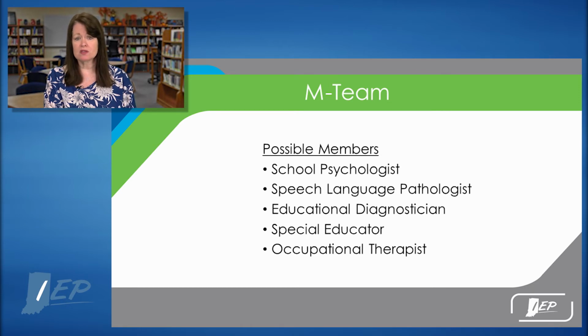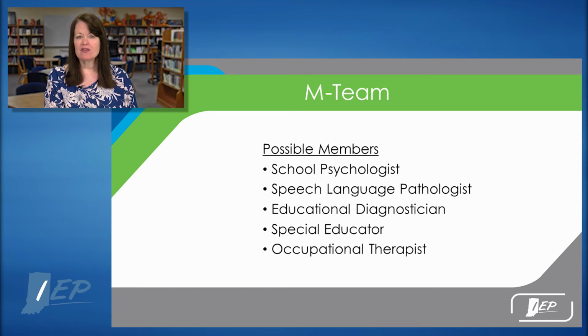So it could be the school psychologist, it could be the SLP, it could be the diagnostician. Sometimes, since a special educator is always part of the multidisciplinary team, it could be that person, occupational therapist, physical therapist, social worker. Any of those people could represent the MTeam. Not all of these people may be comfortable representing the MTeam in total to describe what was in the evaluation.